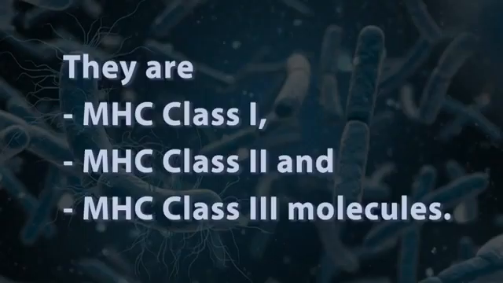MHC molecules are divided into mainly three types. They are MHC class 1, MHC class 2, and MHC class 3 molecules. MHC class 1 and MHC class 2 play the essential role in the immune response.